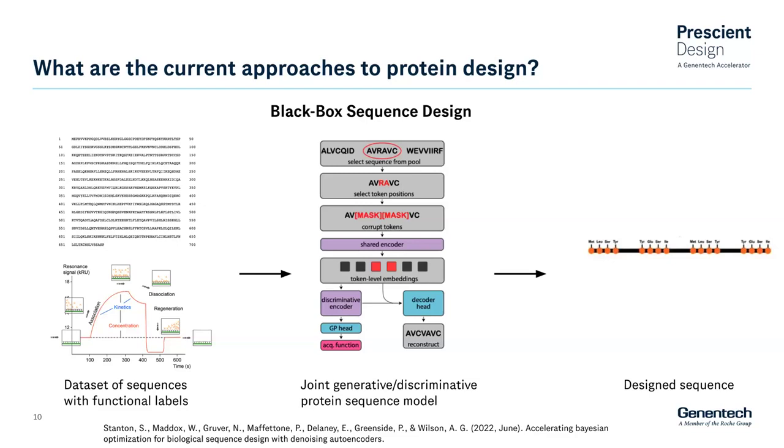In the case of binding, we have an assay called surface plasmon resonance, or SPR. And you can get a data set of amino acid sequences and binding affinity labels. You can train a sequence model to do generation and discrimination, and it'll spit out some sequences that it thinks optimizes this function.